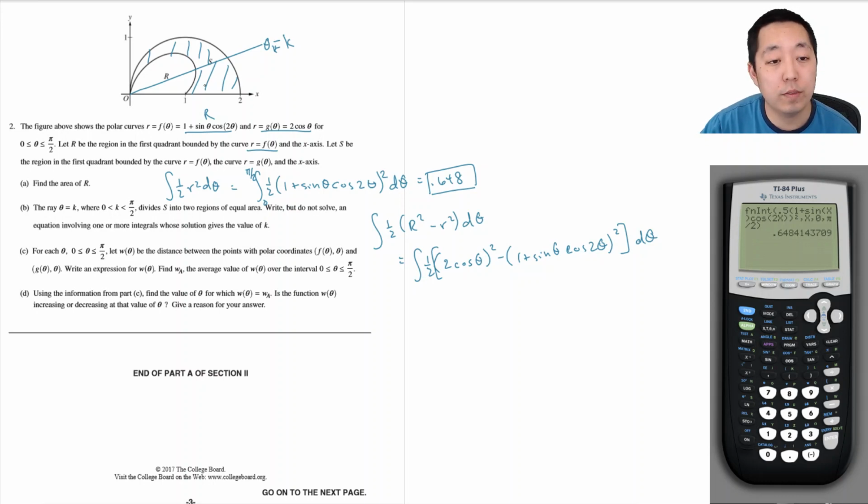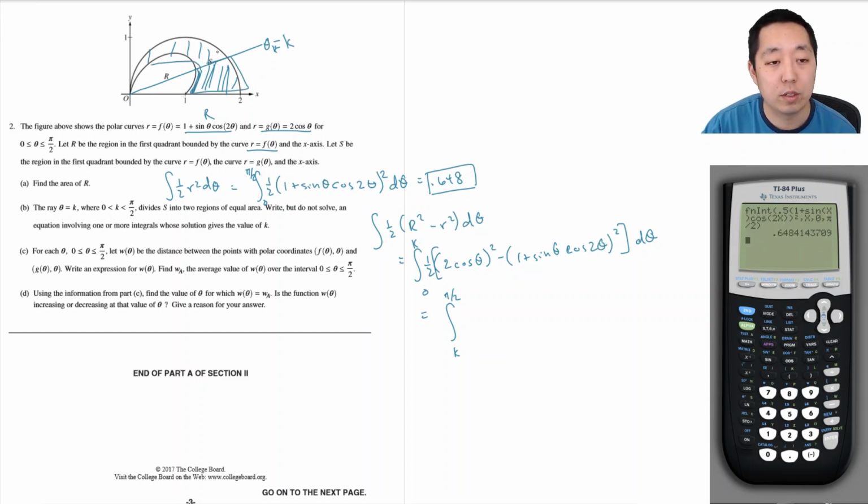Now, if I want to do this first part, I just want to go from 0 to k, and I want to set that equal to the exact same integral, but going from k to pi over 2, because the setup is the same. The difference in the r squared is the same. It's just this part compared to this part.